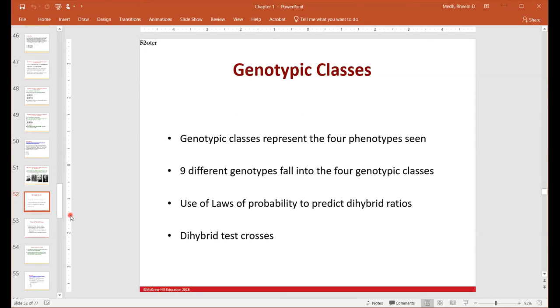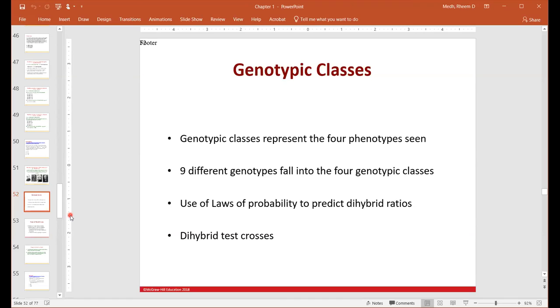AaBb cross to AaBb. Okay, you do this cross. You know that you will get a 9:3:3:1 ratio of A_B_, A_bb, aaB_, and aabb. These are your 4 genotypic classes.